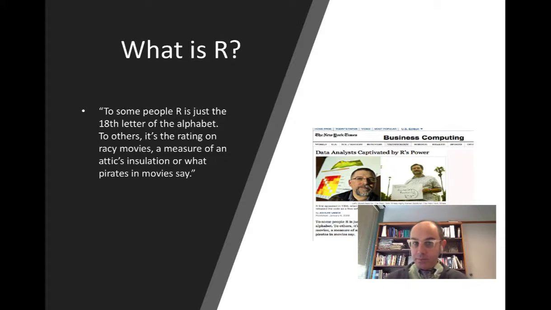So what is R? In 2009, Ashley Vance published an article in the New York Times called Data Analysis Captured by the R Power. This was the first time R was actually discussed, and she talks about the familiarity of R. To some people it was the 18th letter, and to others it was the rating movies scale.